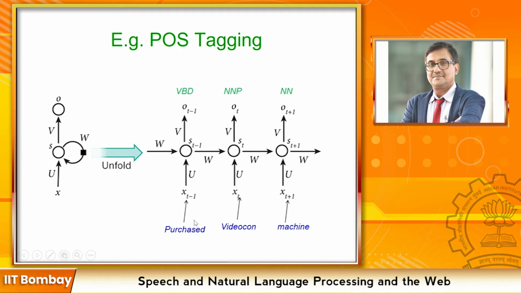So the automatic translator cannot really produce token by token translation if the syntax of the target language is different from the syntax of the source language. So if you're doing interactive machine translation, the output from the automatic translator will have to wait to produce the translation for purchased. Okay, so Videocon machine Kharida. Kharida will have to wait until Videocon machine has been seen.